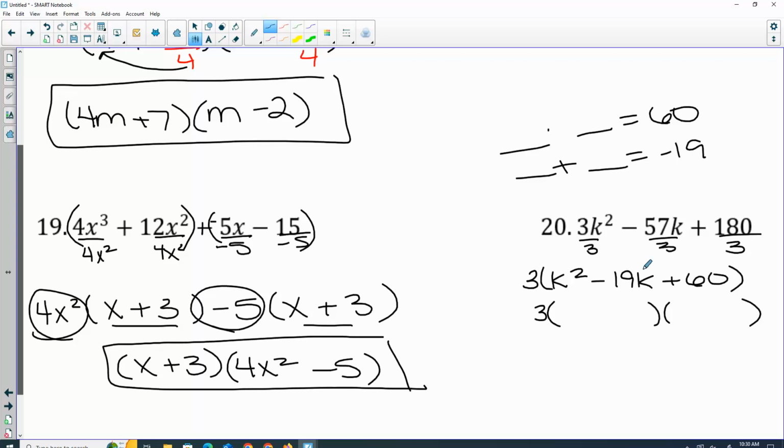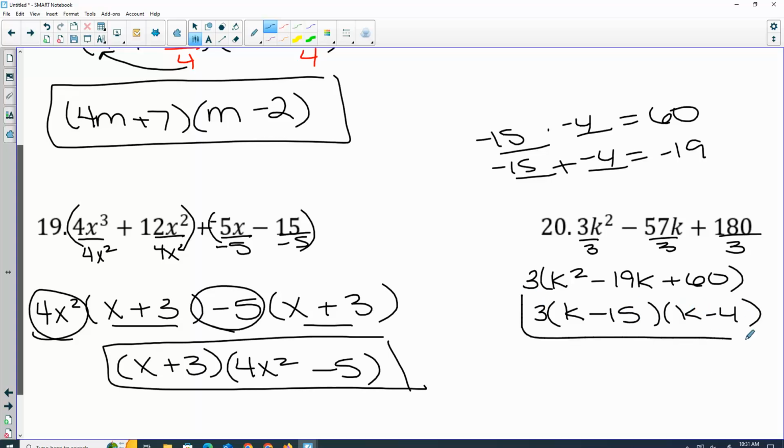So if they multiply to a positive 60, I know my signs are the same. They add up to a negative, so they both have to be negative. What would it be? Negative 4, negative 15. So it's k minus 15, k minus 4. And you just keep your 3 in front.